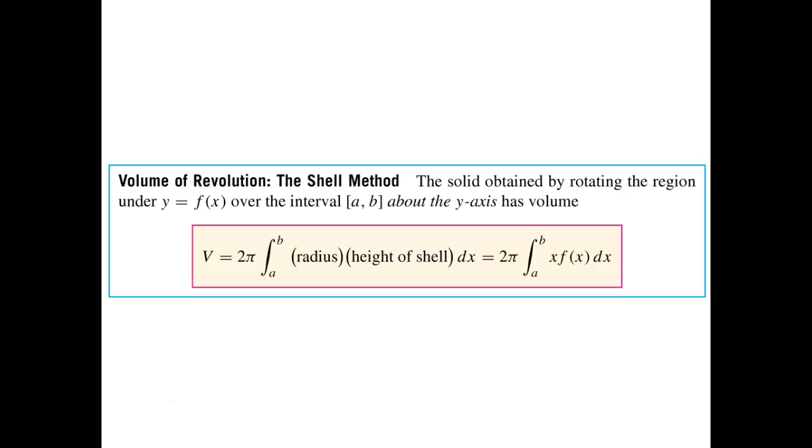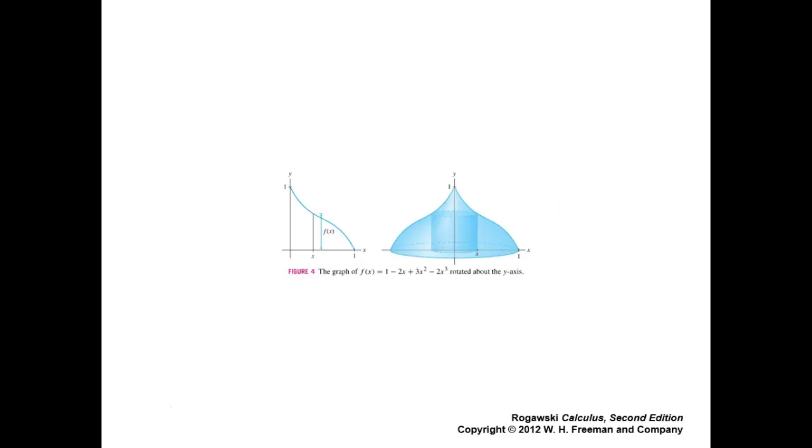But this would be 2 pi r, that's the length of that flat shell, times the height of that shell, which is f of x, so 2 pi x f of x, and the thickness of the shell, dx. Length times width times thickness. Okay? You got it. So let's go back one, and this is example 1, I believe.